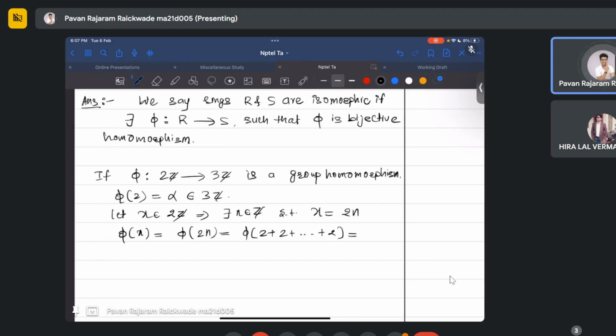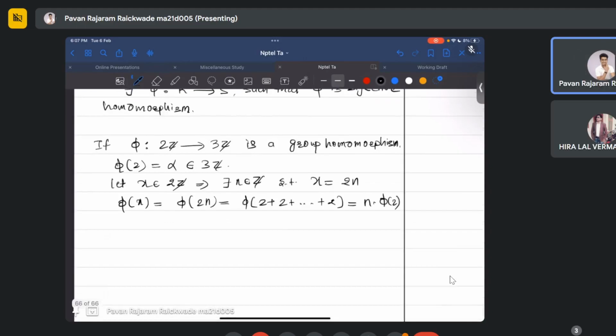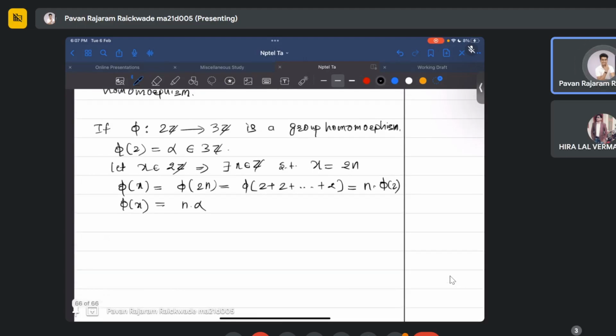Because phi is a group homomorphism, I can separate it. This is n times phi of 2, which is n times alpha. So any homomorphism will be of this form.